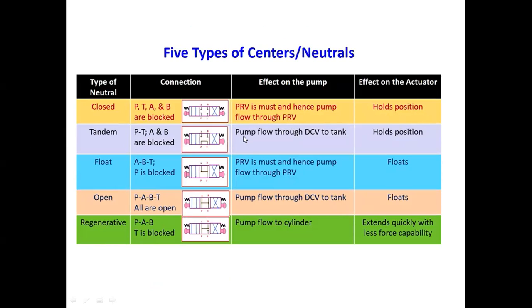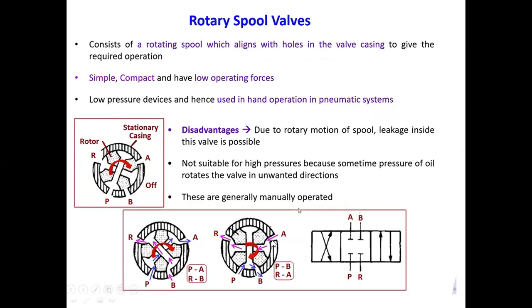Tandem: pump flow goes through the DCV to the tank, actuator holds position. Float: PRV is a must and pump flow goes through the PRV. Open: pump flow goes through the DCV to tank. Regenerative: pump flow goes to the cylinder.